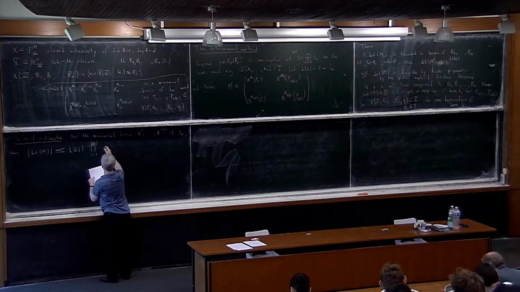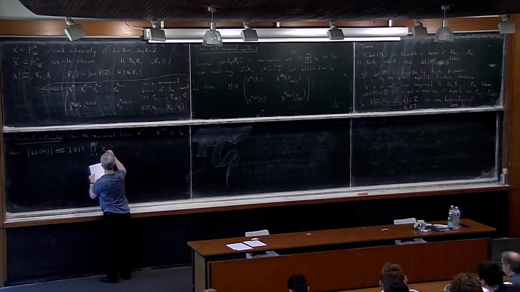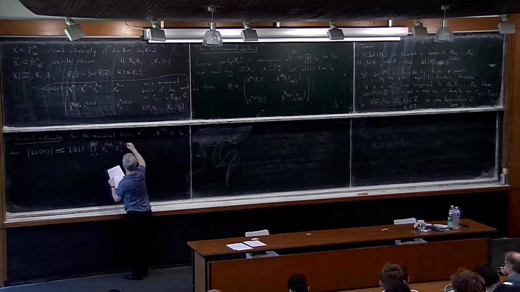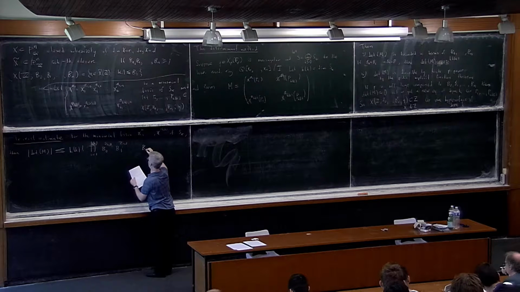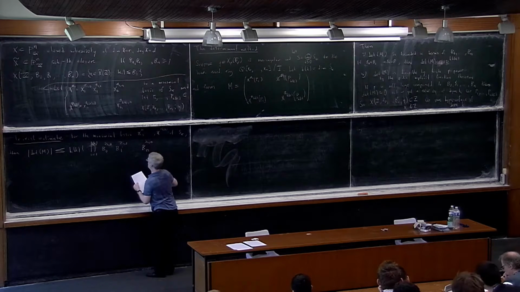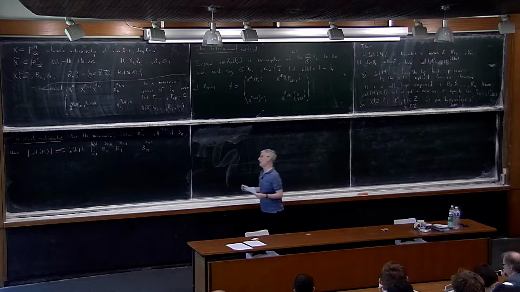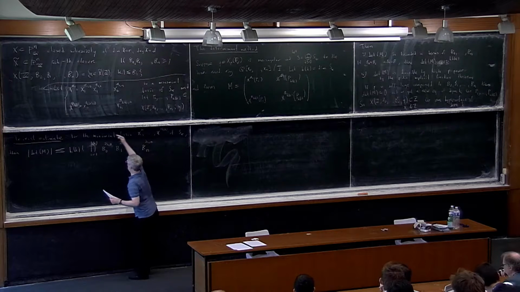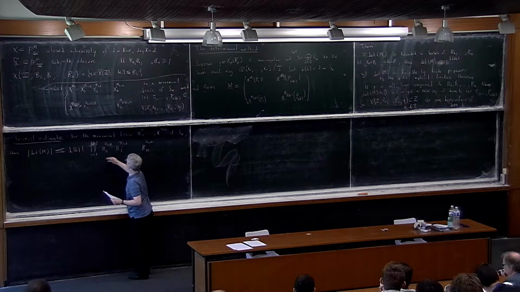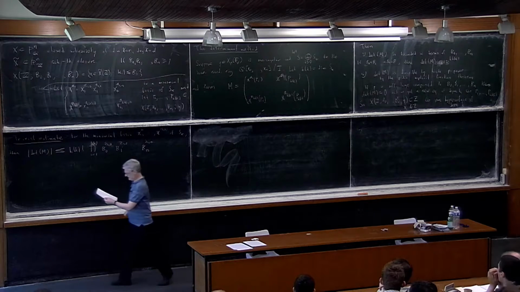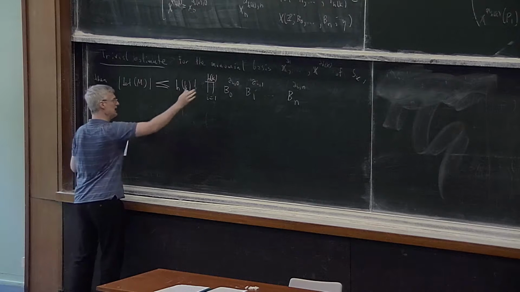I have B0 with the exponent a_{i0}, then B1 with a_{i1}, and so on, and the last one is Bn with a_{in}. So this is an obvious bound. So the problem you're faced with is to try to minimize this bound among all possible monomial bases, and then study the asymptotic behavior of that bound.